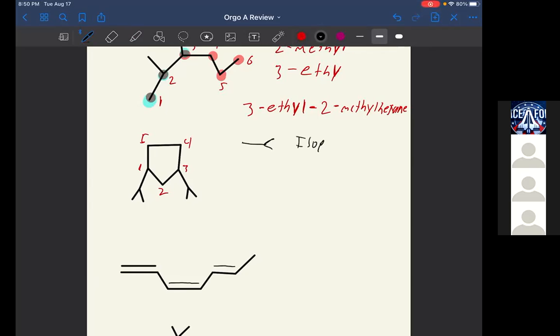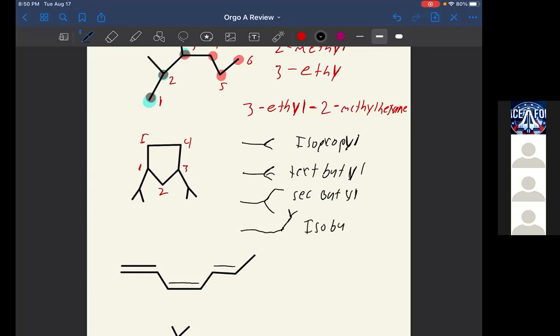That's isopropyl. That's tert-butyl. That's sec-butyl. That's isobutyl. Neopentyl.